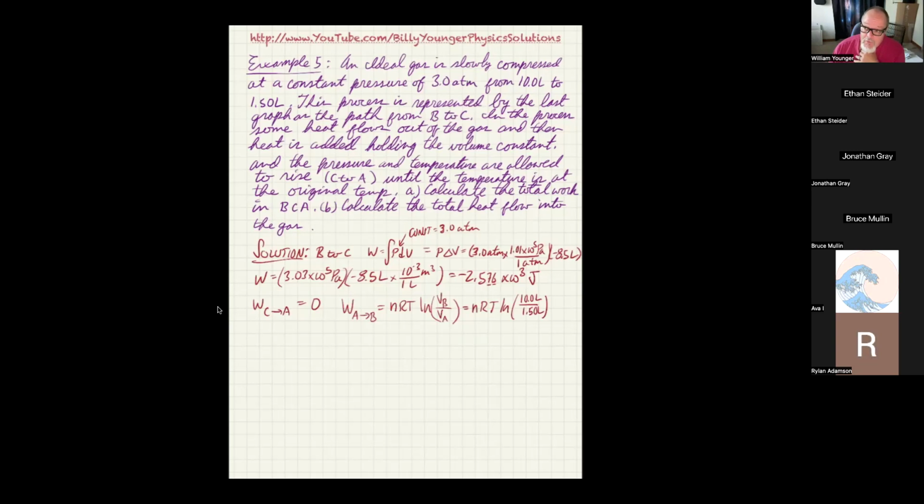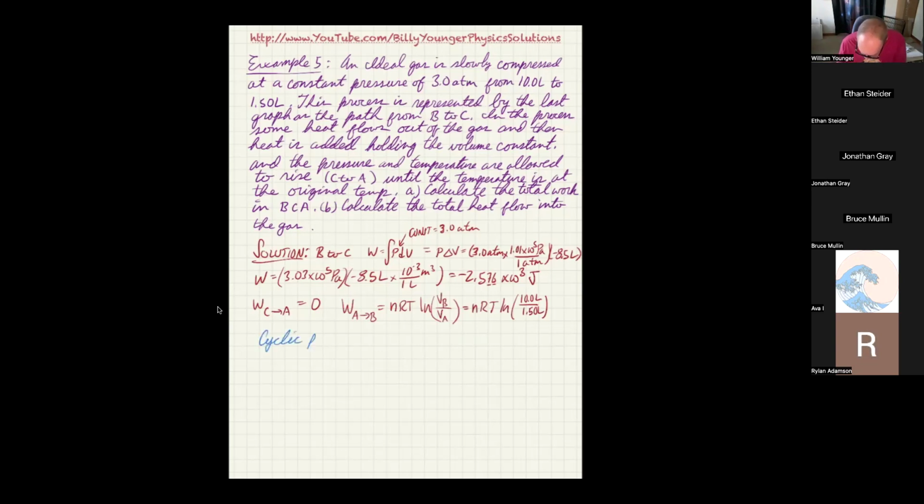But we do know it's a system, and since we went in a complete loop, the change in internal energy has to be equal to 0. So we can use that to work out how much heat was added. Since the total internal energy change is 0, that means we have a cyclic process.